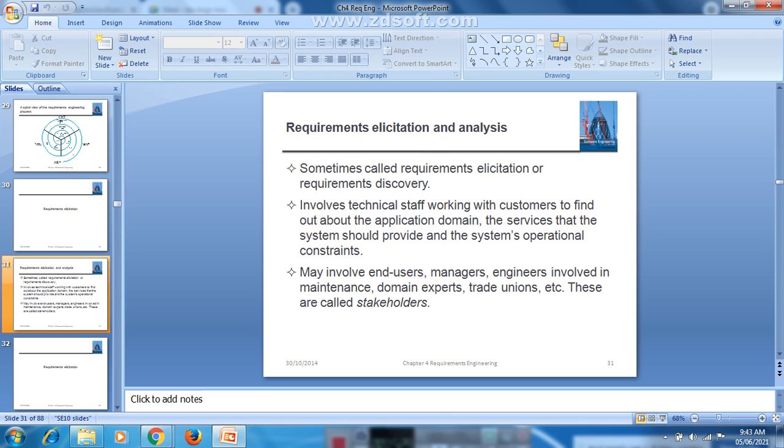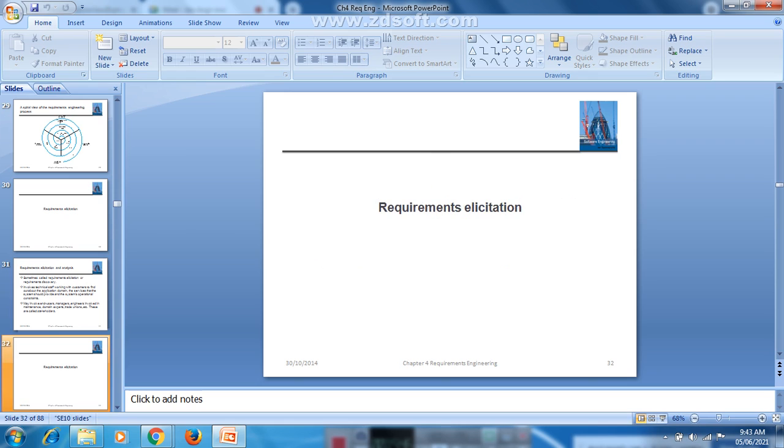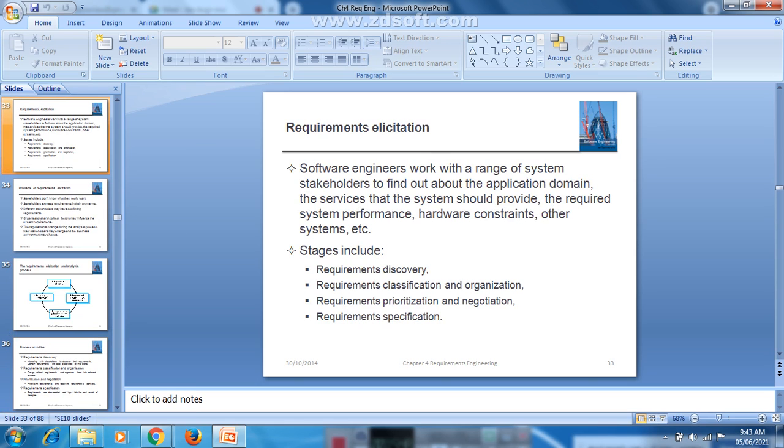Along with them, it may include end users, managers, engineers who are going to maintain the system, domain experts, and trade unions. These are also called stakeholders related with requirement discovery. I hope it is clear till this point. I think in the last class only we discussed this. Is that clear? Yes guys.